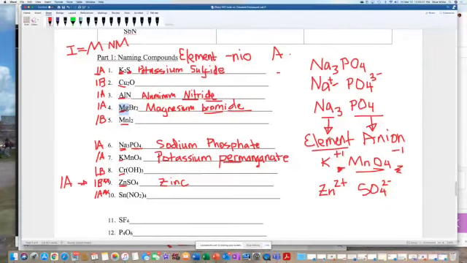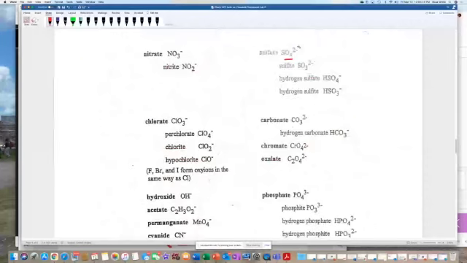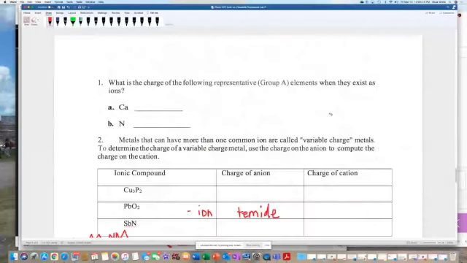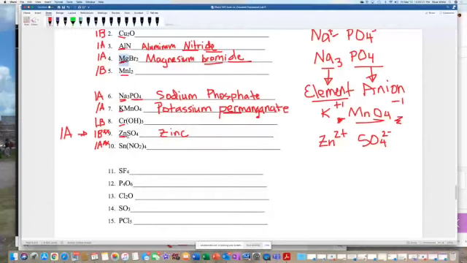Look for the sulfurs. There, sulfate has a charge of 2 minus. So if you need one of each to make a neutral compound, that means sulfate is 2 minus, zinc is 2 plus, and they cancel each other out. So in the compound, you just need one of each to make a neutral. The name of this is zinc, and then this is called sulfate.